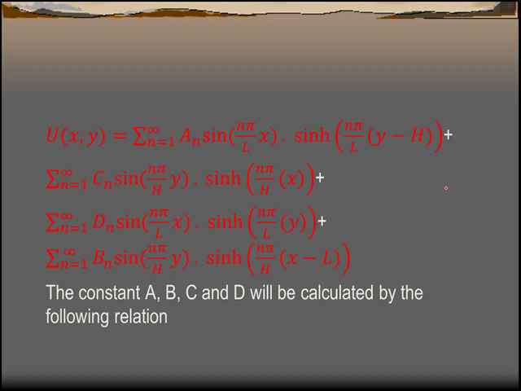The solution of the Laplace equation is so lengthy. u(x,y) is equal to the summation, n from 1 up to infinity, an multiplied by this term, plus the summation n equal to 1 up to infinity cn sin(n pi by h y) multiplied by sinh(n pi over h x), plus the summation n from 1 up to infinity dn sin(n pi over l x) sinh(n pi over l y), plus the summation n from 1 up to infinity bn sin(n pi over h y) sinh(n pi over h into (x minus l)).